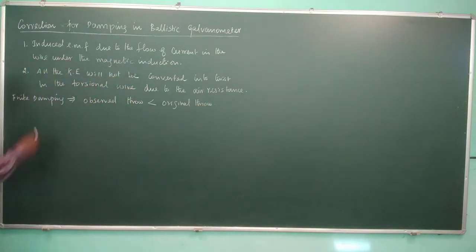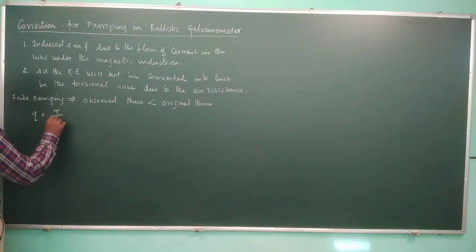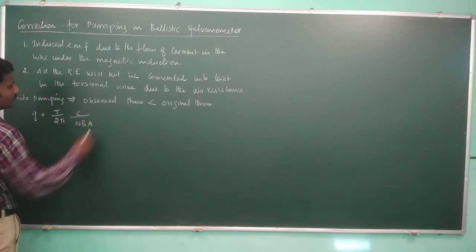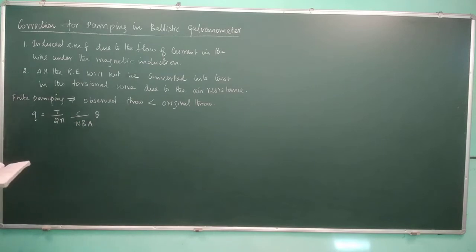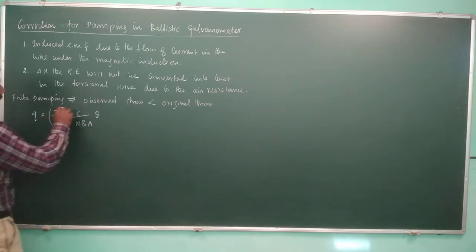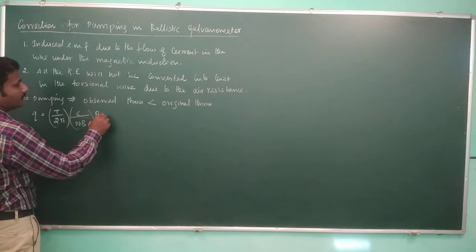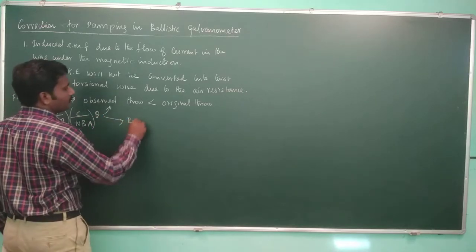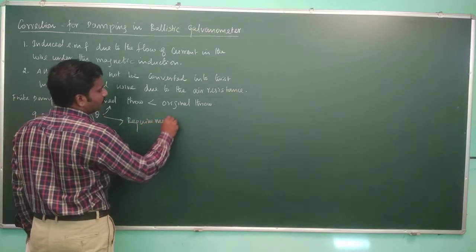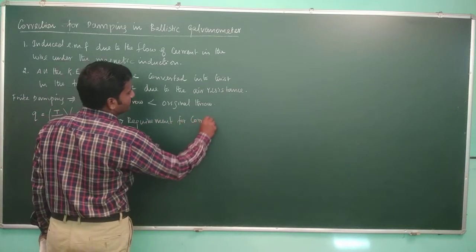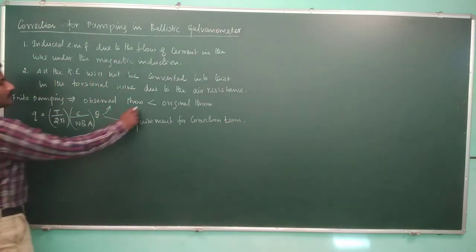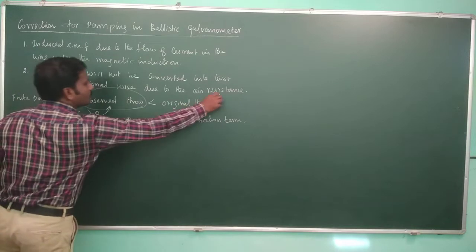So we have calculated a formula for charge in the ballistic galvanometer, which is Q = (2π C / NBA) × θ, where this θ is the observed throw, which should be corrected with a correction factor. Why is there a requirement for a correction factor? Because the observed throw is less than the original throw.